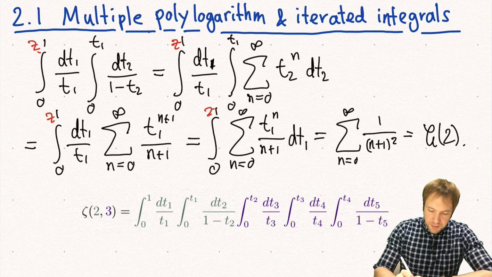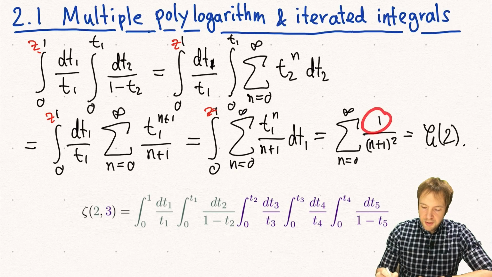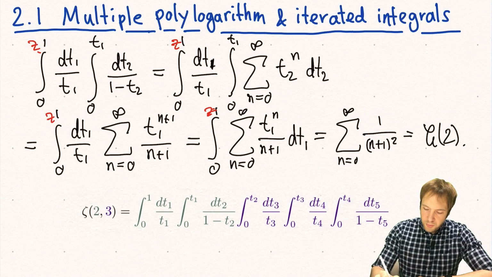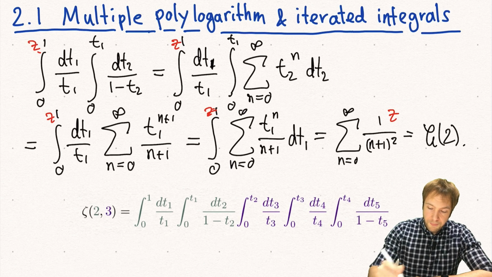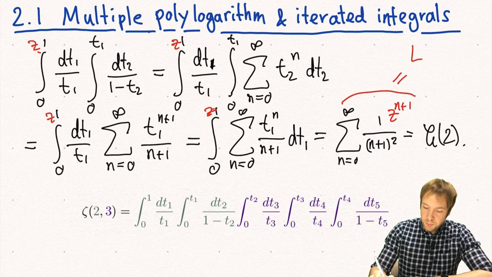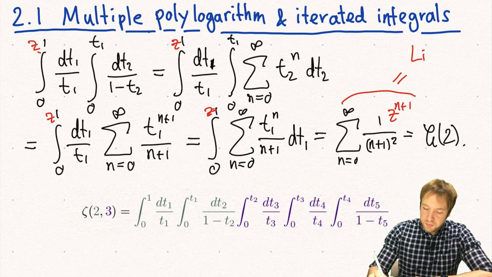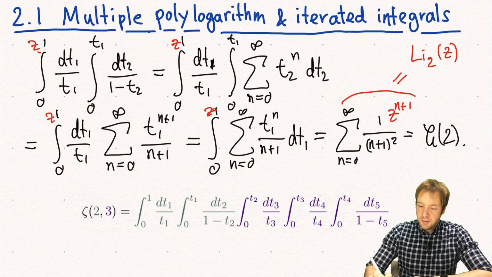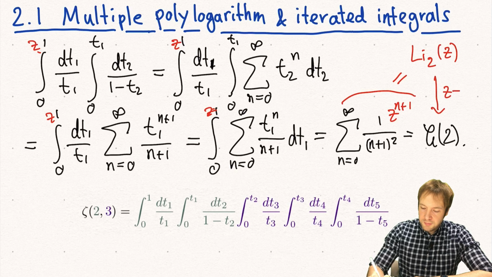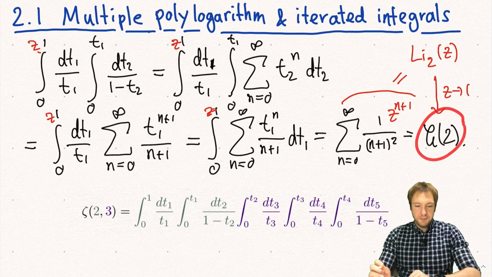Then here in the last step, instead of getting a 1, we would have gotten the number z to the power n plus 1, and this sum here will be an example of a multiple polylogarithm. Well, in this case it's just a polylogarithm, so this will be Li2 of z, and you also see that if you send z to 1, we just get the zeta value, zeta 2 here.